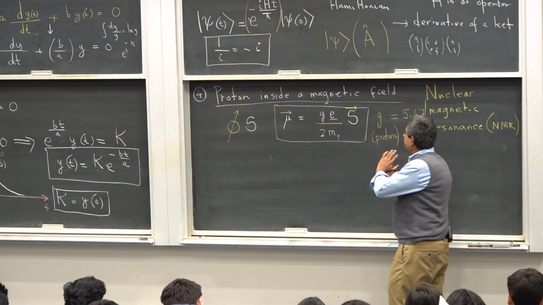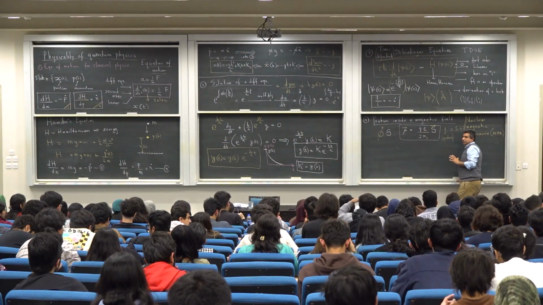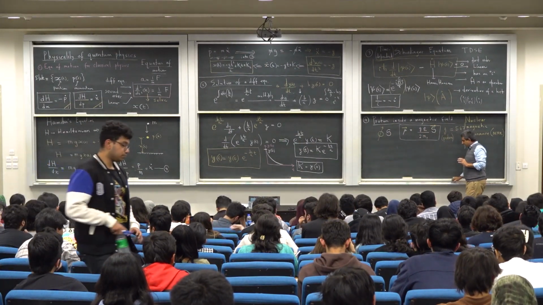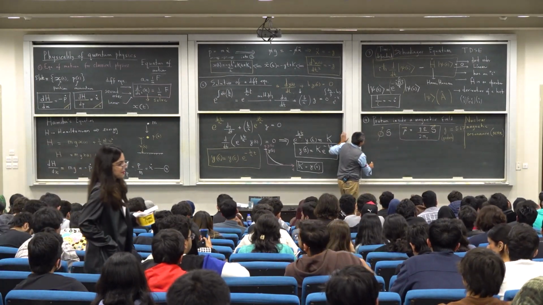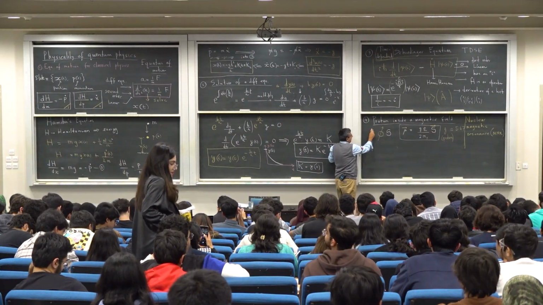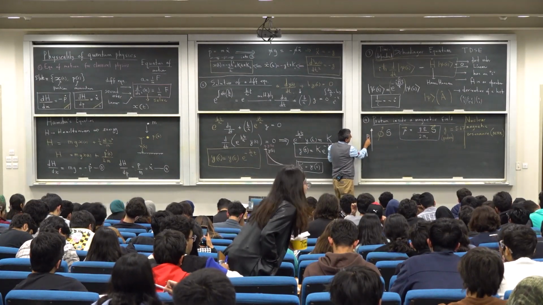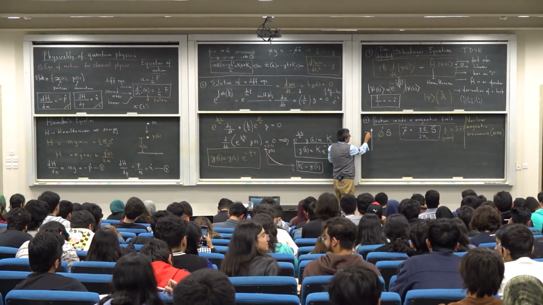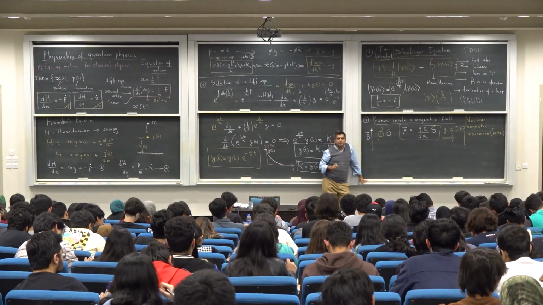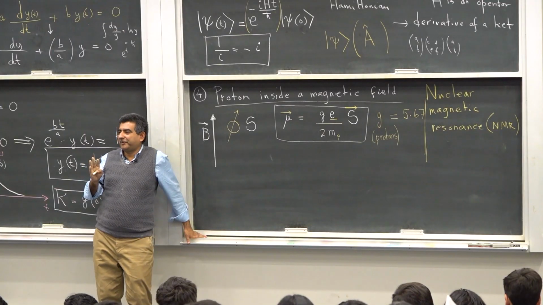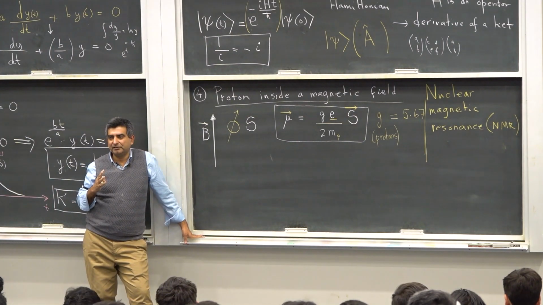So anyway, all of this gives a constant of proportionality. Now if we were to place this proton inside a magnetic field B, so we place this proton inside a magnetic field, what's going to happen to the spin?